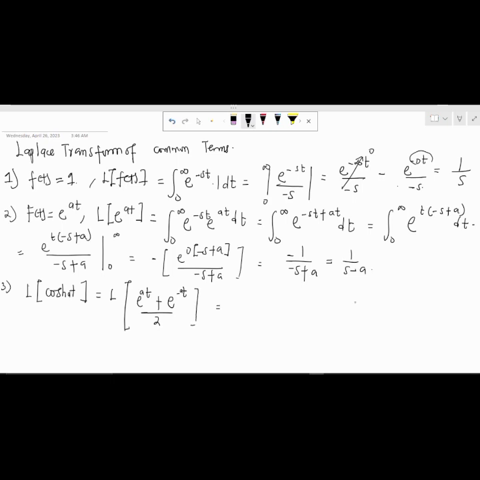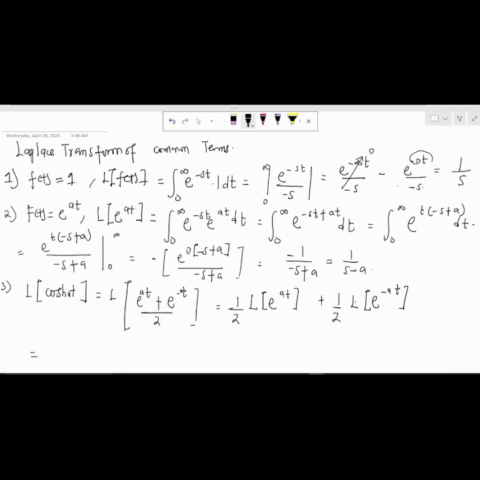So now how do we find the Laplace transform of this? Well, the first thing we could do is separate it. So what we have here is 1 over 2 Laplace transform of e raised to the power at, plus 1 over 2 Laplace transform of e raised to the power minus at.